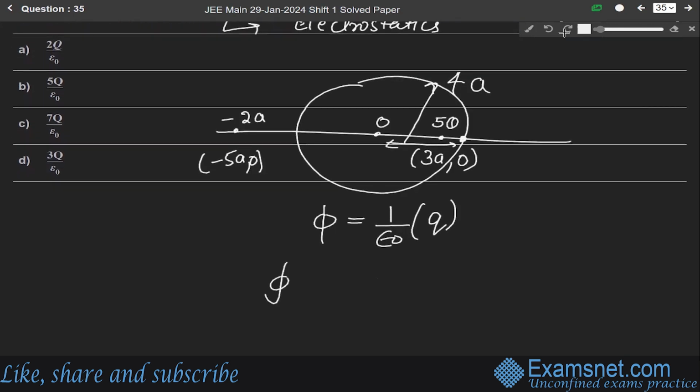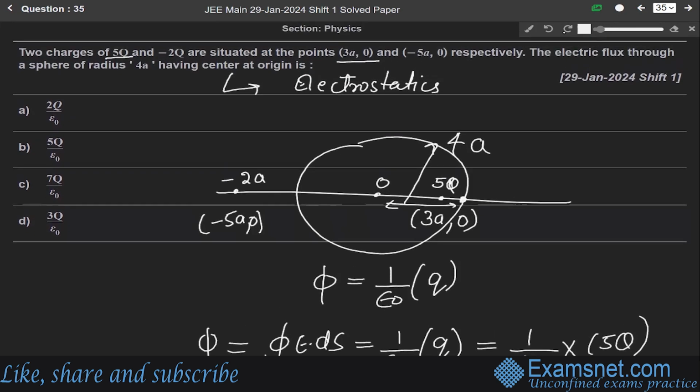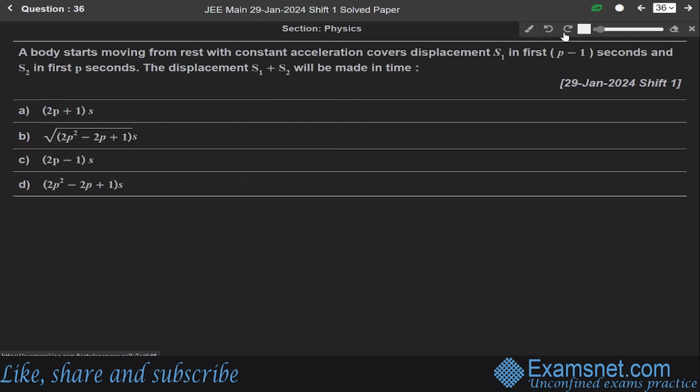So the charge that is enclosed by the surface is plus 5q. So our correct answer is 5q over epsilon naught. So the correct option is option B, 5q over epsilon naught.